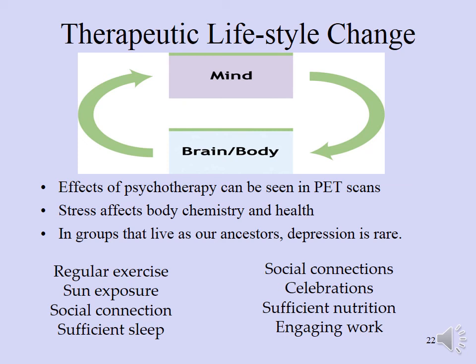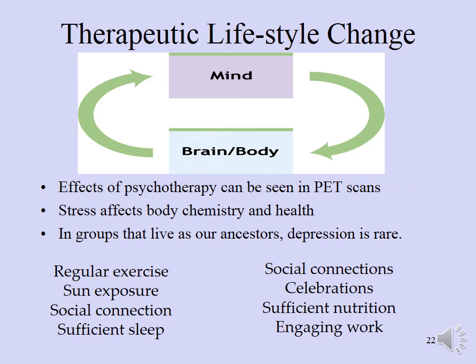So one of the insights that modern research has received is looking at groups that lived as our ancestors did, hunter gatherer groups. And in those groups, they found that psychological disorders like depression were pretty rare.